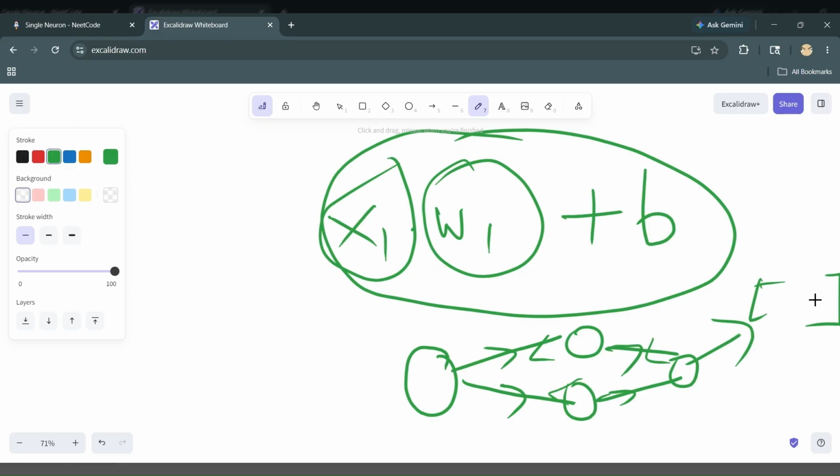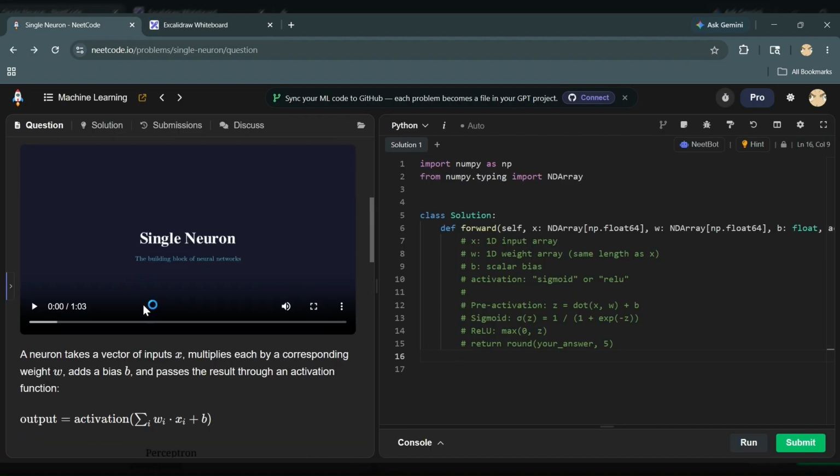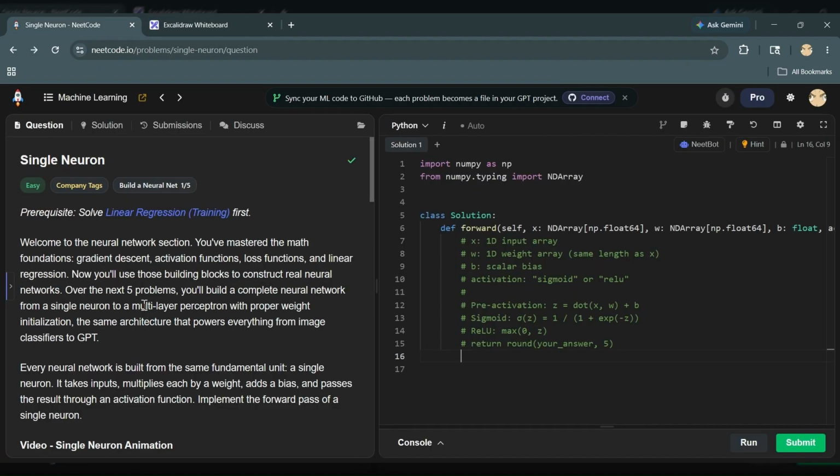So basically, that's the neuron, and it imitates the human brain. Let's solve the problem quickly, because in the next videos we are going to learn about backpropagation and multi-layered propagation. They are quite important, and this is just the whole linear regression training pass, but with a bias.